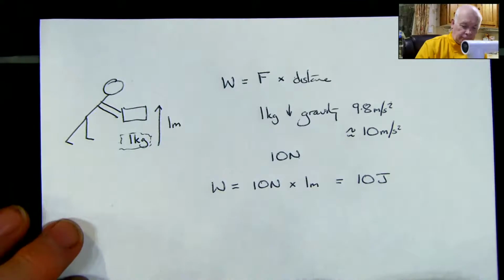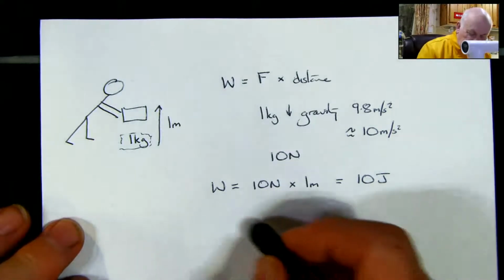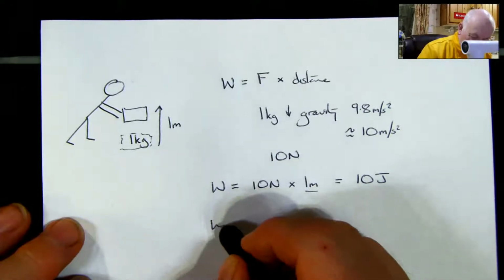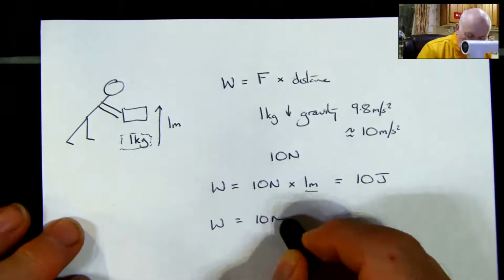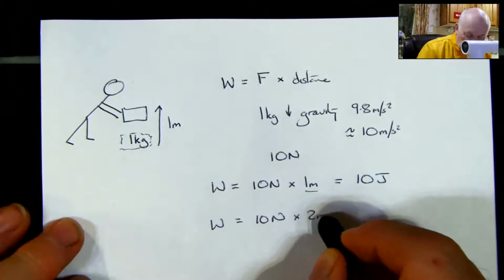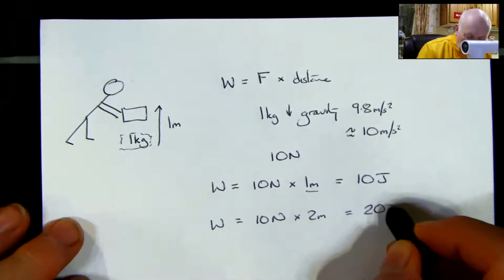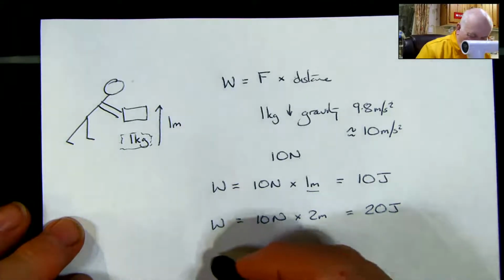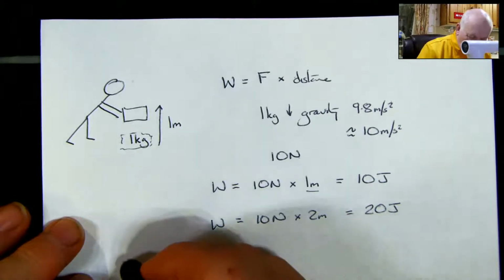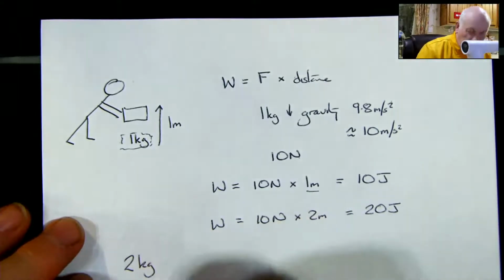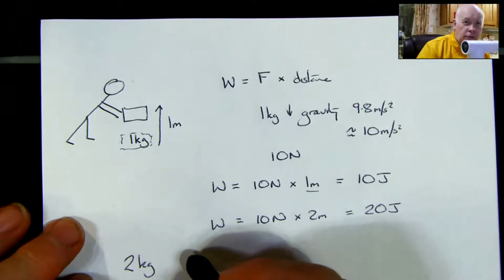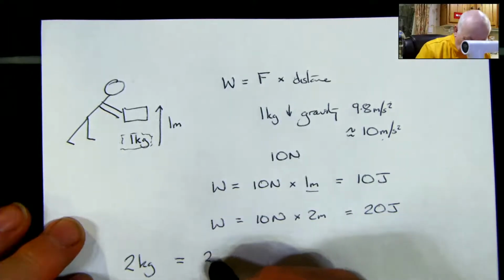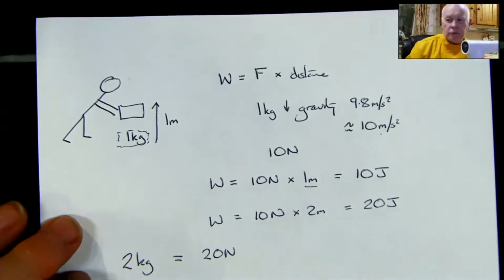If I instead lift this object not 1 meter, but 2 meters, then I will have done 20 joules of work. But in the same way, if I picked up 2 kilograms, my 2 kilograms multiplied by 10 meters per second is giving me a force of 20 newtons.